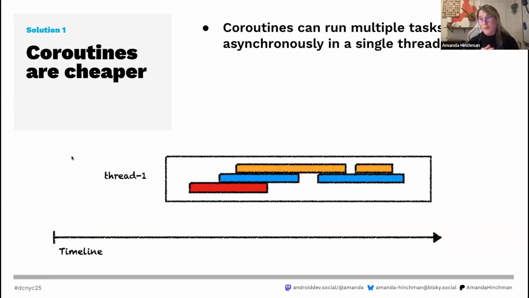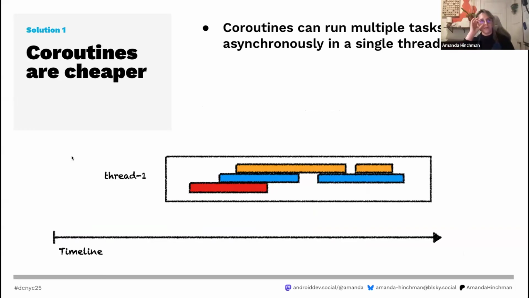Okay, coroutines are cheaper for the sole reason that you can run multiple coroutines within a single thread. You can have multiple asynchronously running, overlapping coroutines. The other crazy part is that when you're using coroutines, they manage all this for you.